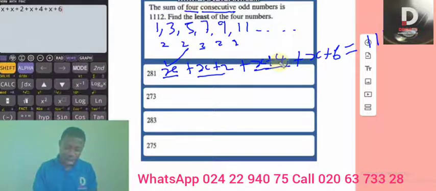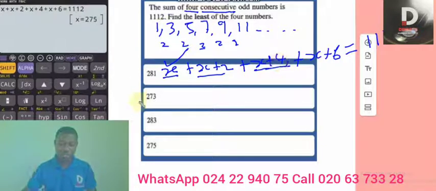Am I right? 1, 2, 3, 4. Equal to 1112, equal to alpha calculate 1112, shift solve, 275.